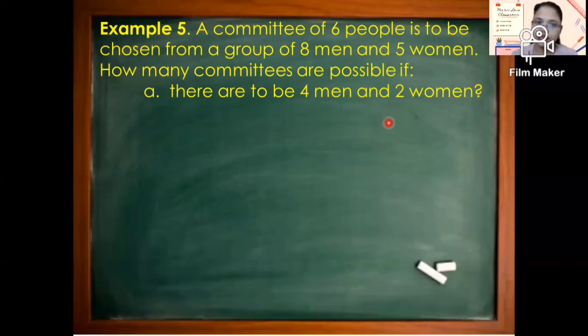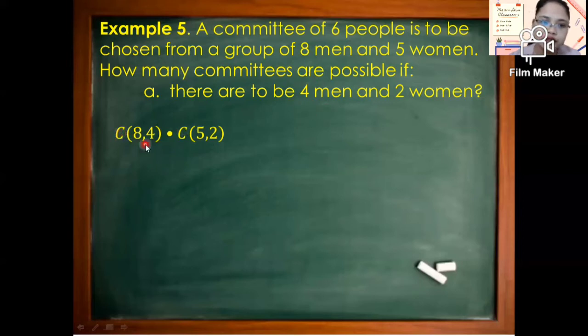Sa letter A, there are to be 4 men and 2 women. So ang gagawin natin, punta muna tayo sa men. Ilan bang lalaki ang meron? Meron daw 8 na men. So magkakaroon tayo ngayon ng combination. Kukuha tayo doon sa men, sa 8 lalaki, ng ilan? Ng 4.